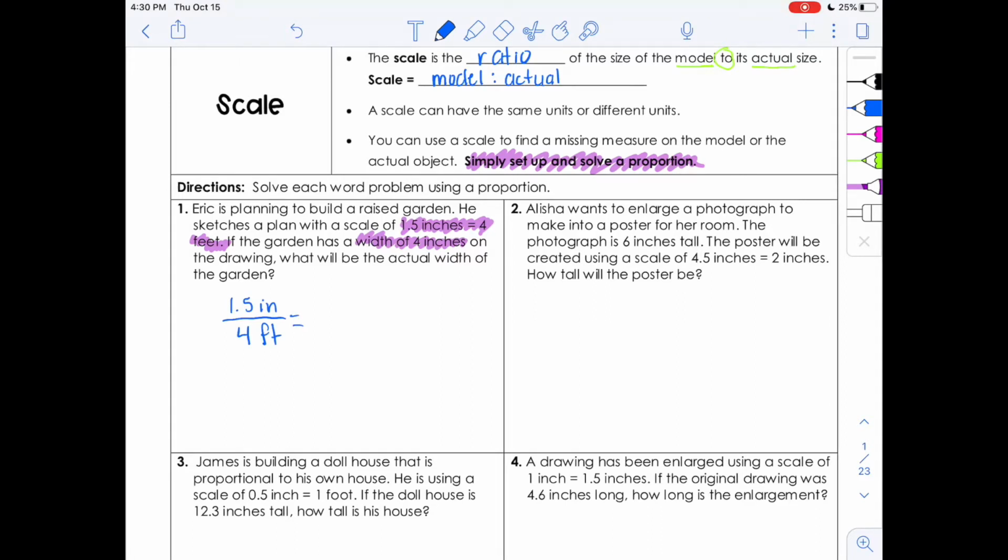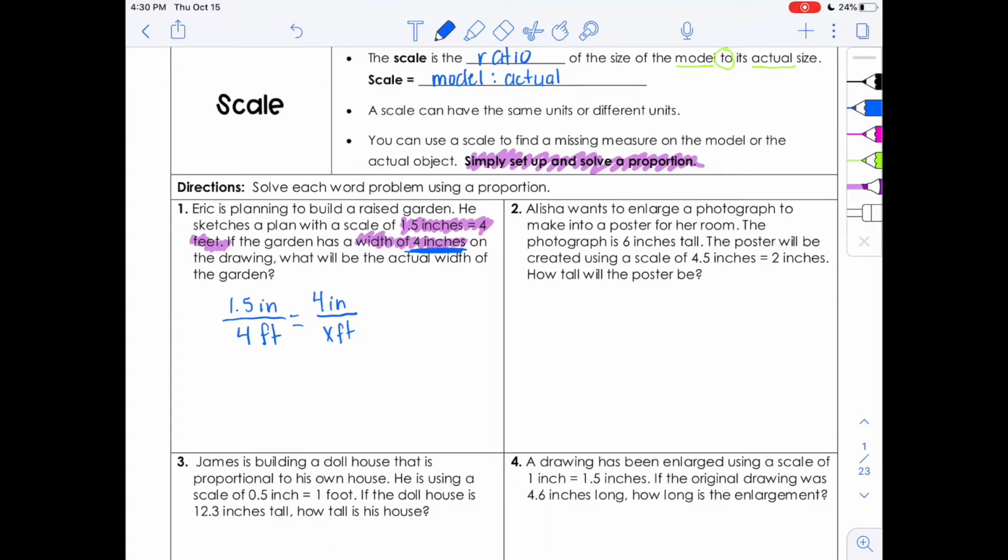The second part of our proportion is the other piece of information the problem gives us, and that is that the width of the garden is 4 inches. So we're going to write a ratio of 4 inches to X number of feet, because that's what we're trying to solve. We're trying to find out how many feet.